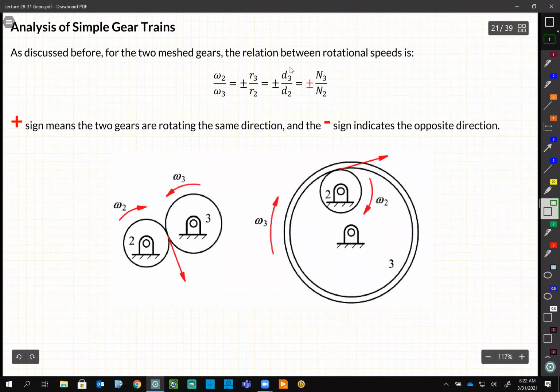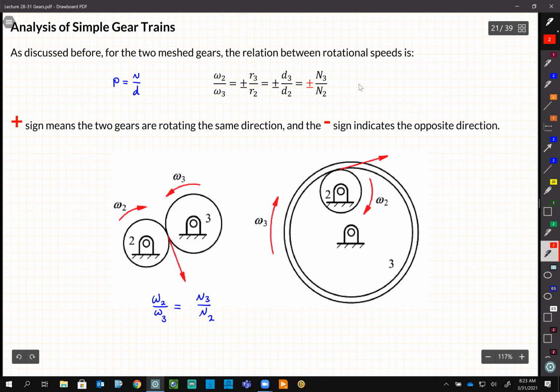If we multiply by 2, it's going to be diameter, and because we have the definition for pitch, P equals N divided by D, and pitch for 2 gears must be the same, it is equivalent to writing N3 divided by N2. And this is the fundamental formula that we are going to use. So omega, I'm going to write it down here for these 2 gears. So here, omega 2 over omega 3 will be N3 divided by N2.